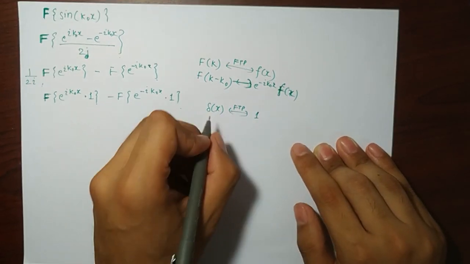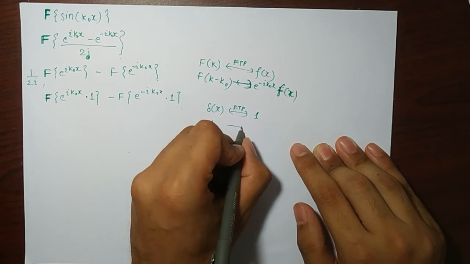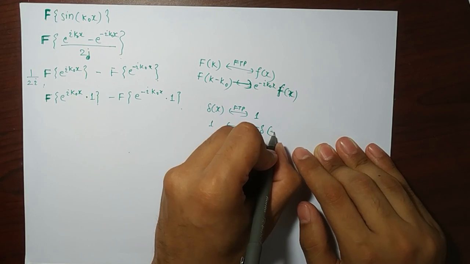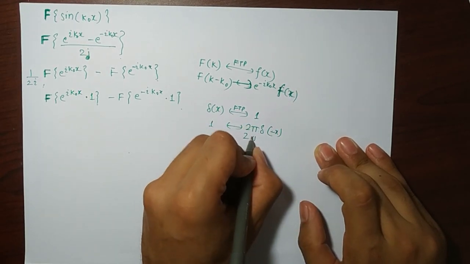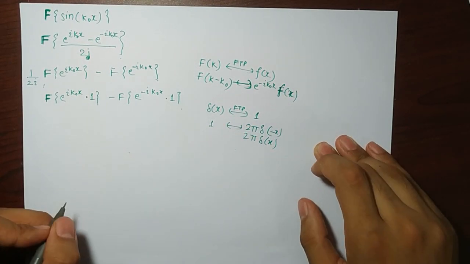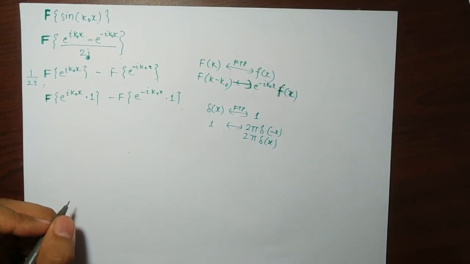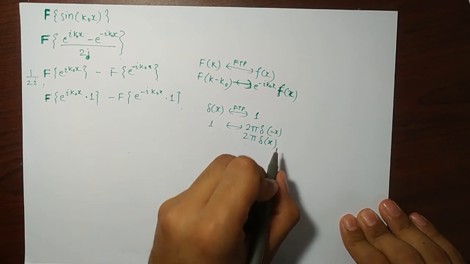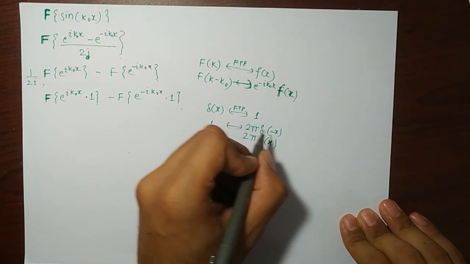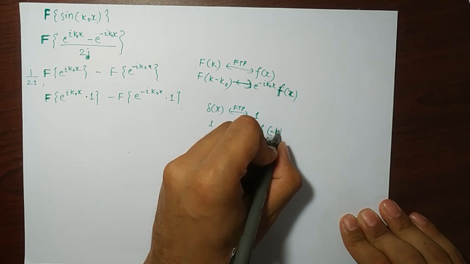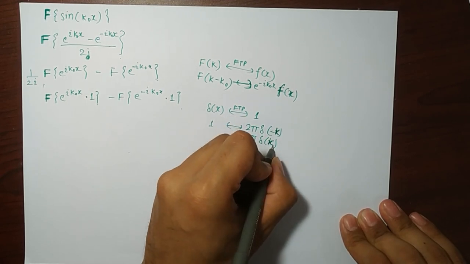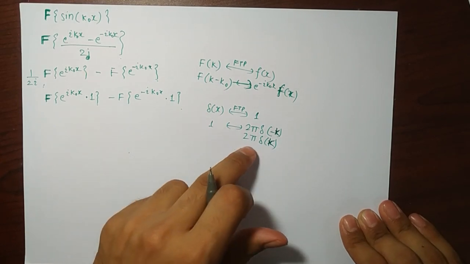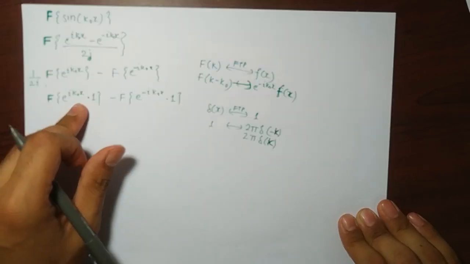So if I have 1 in the spatial domain, then from duality what will I get? 2 pi delta of minus k, which is basically 2 pi delta of k. Fine.